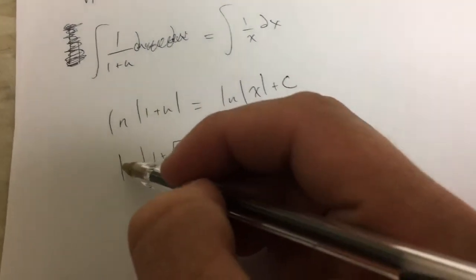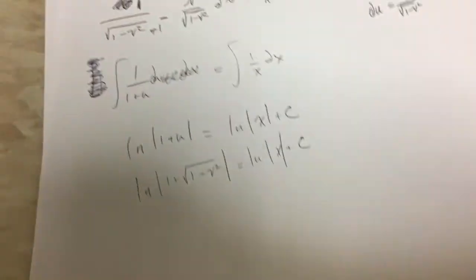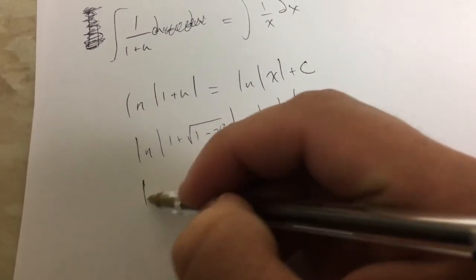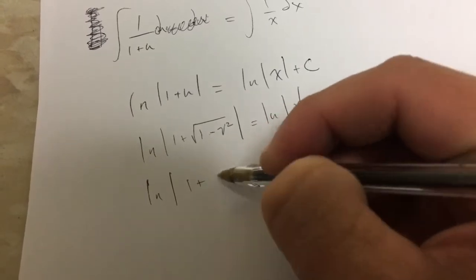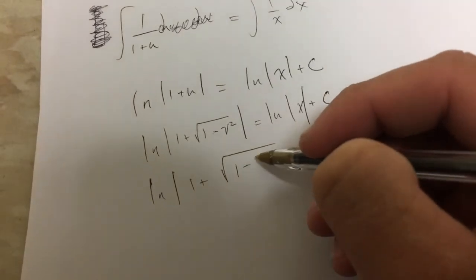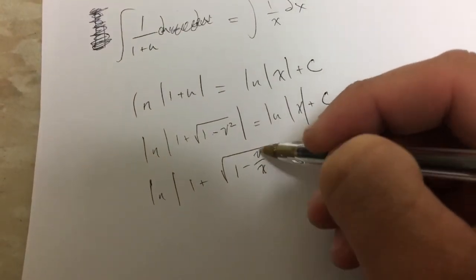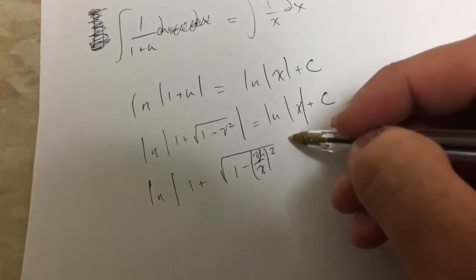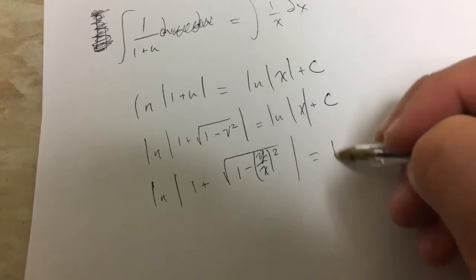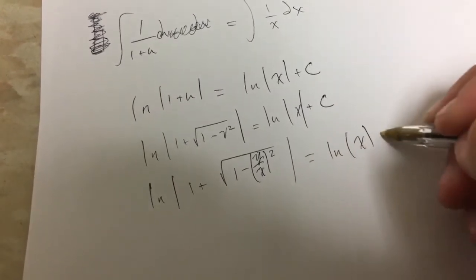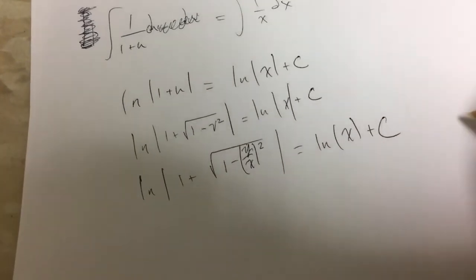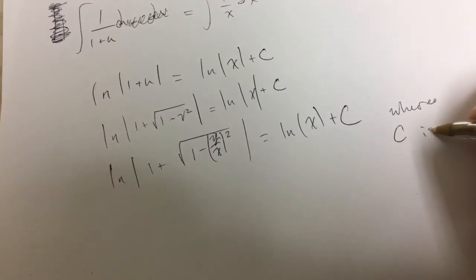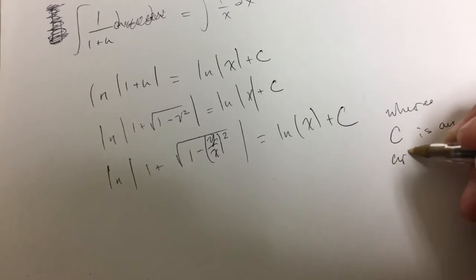And then you just plug back in for v, you get the natural log of 1 plus the square root of 1 minus y over x squared equals the natural log of x plus c, where c is an arbitrary constant.